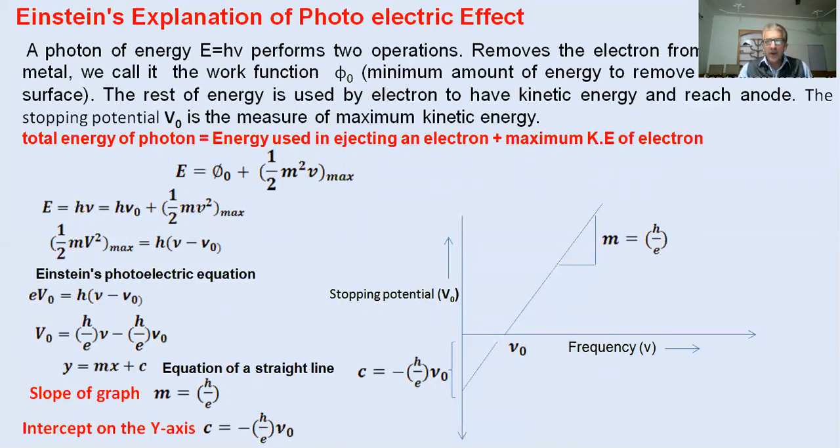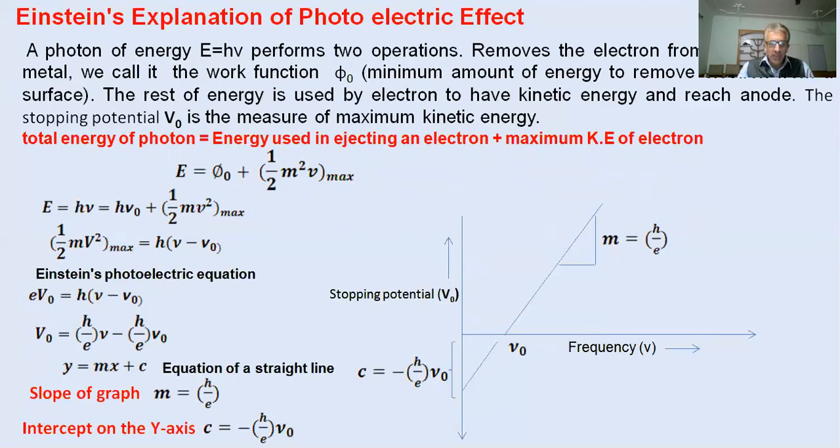One operation was that a part of the photon's energy was absorbed by the electron to come out of the surface. That was known as the work function, the minimum amount of energy required to remove an electron from the metal surface. Then the rest of the energy was taken by the electron as kinetic energy to reach the anode.